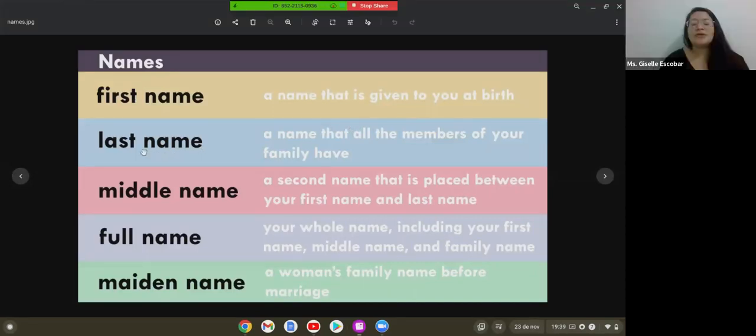And we have here last name, a name that all the members of your family have. Un nombre que todos los miembros de tu familia tienen. El apellido, right? And we have middle name, a second name that is placed between your first name and last name.